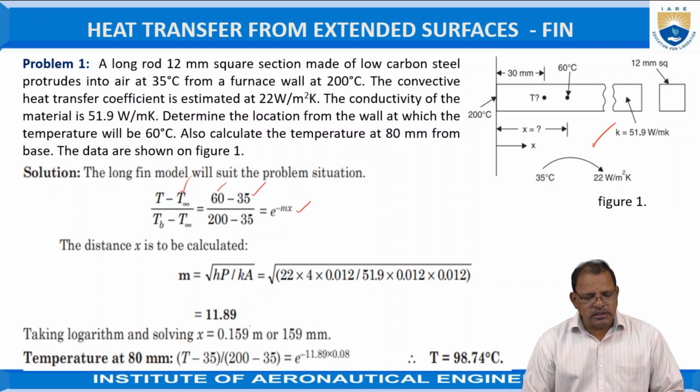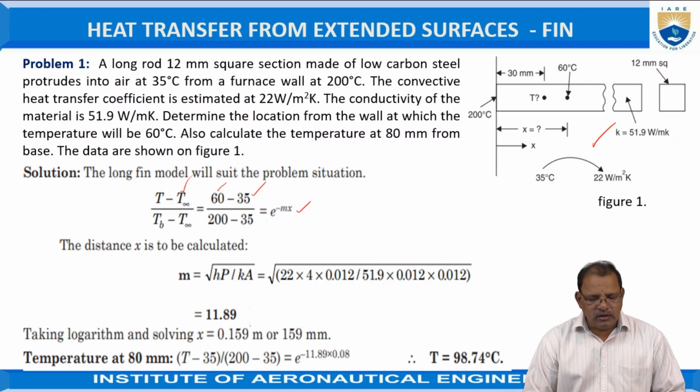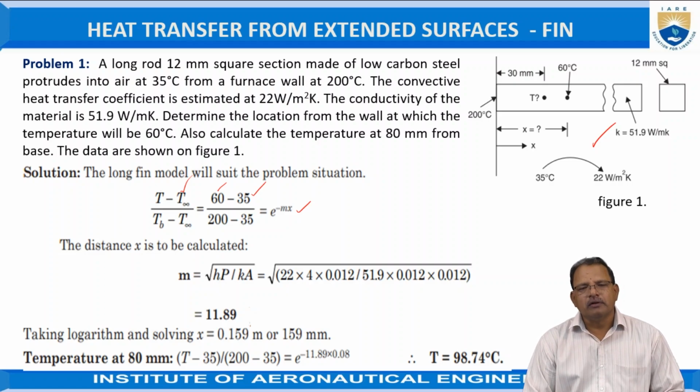So the distance x is to be calculated using this relationship, where m is equal to the square root of hp divided by kA, where k is the thermal conductivity of the material, A the area of the cross section, P the perimeter of the fin area, and h the heat transfer coefficient.